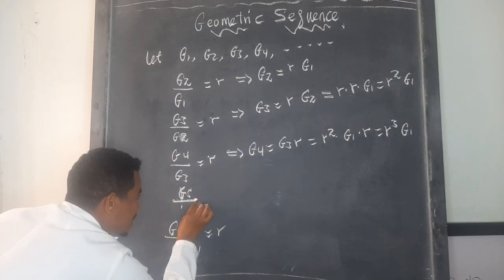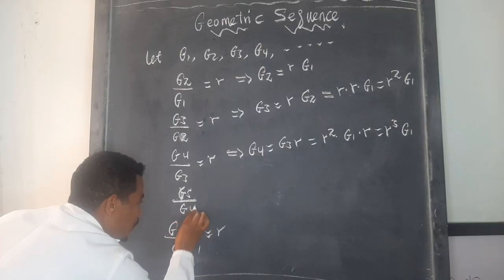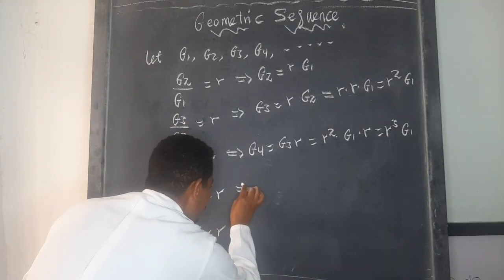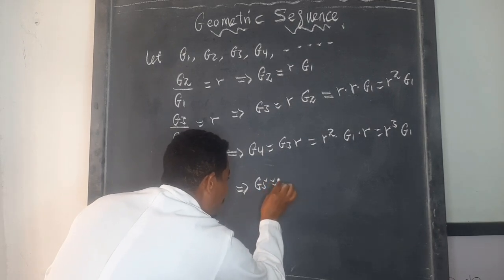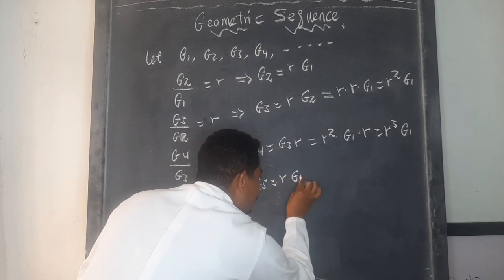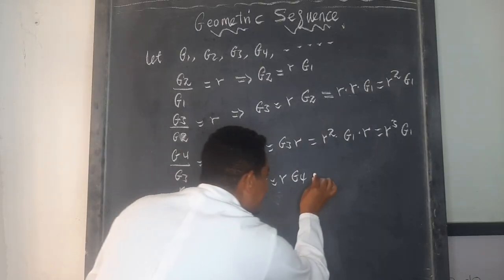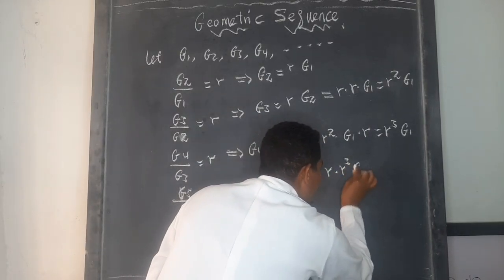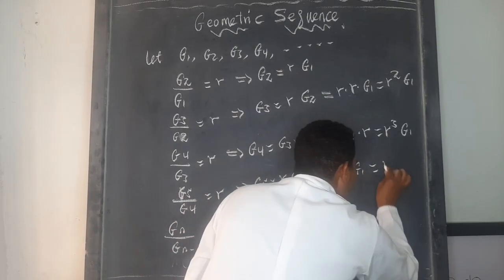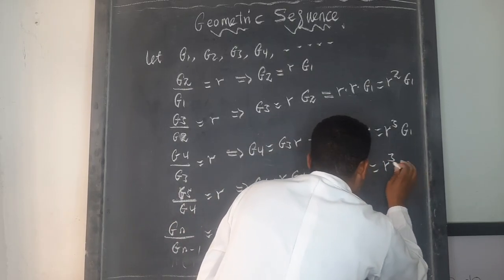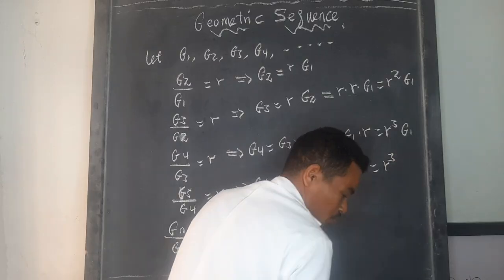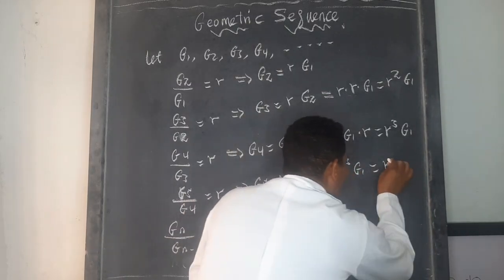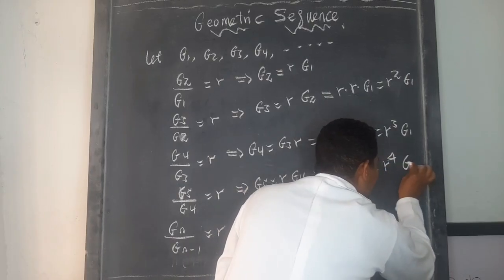G5 over G4 is equal to R, the common ratio must be constant. This implies G5 is equal to R times G4, which is R cubed times G1 times R, that is R to the power of 4 times G1.